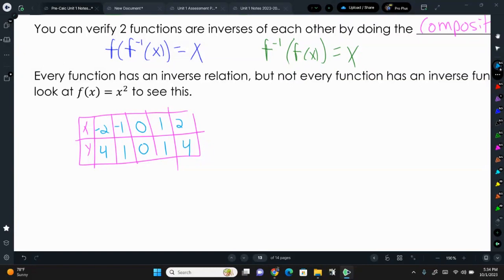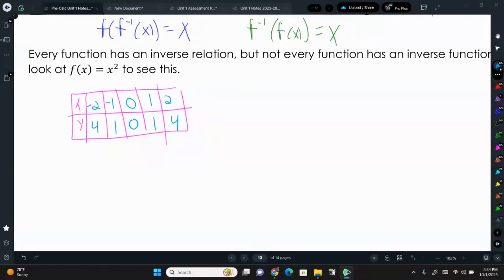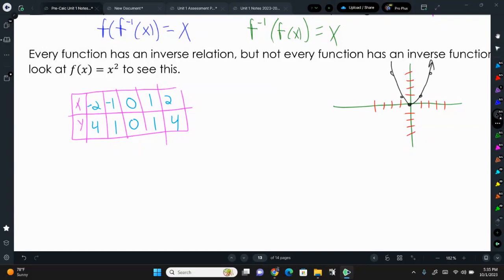So that would be f of x, and we'll draw a rough sketch of this and plot these points.